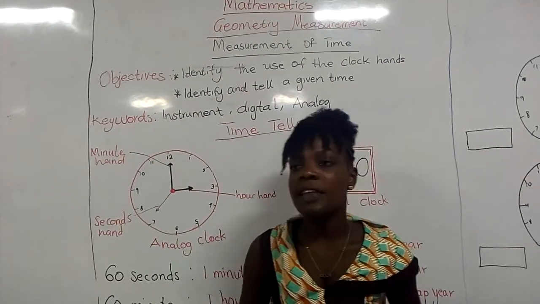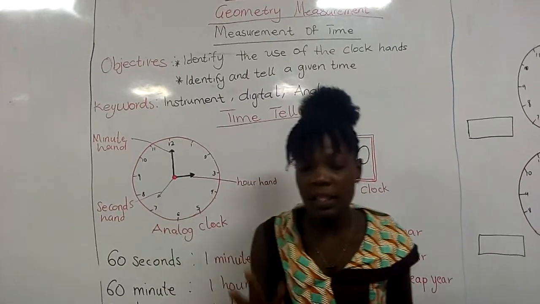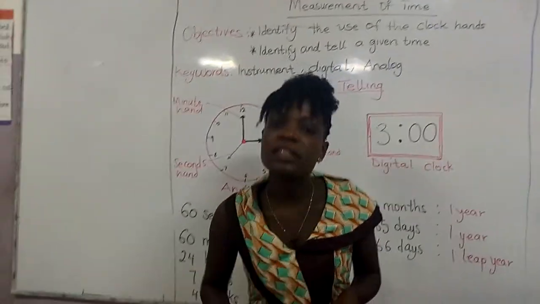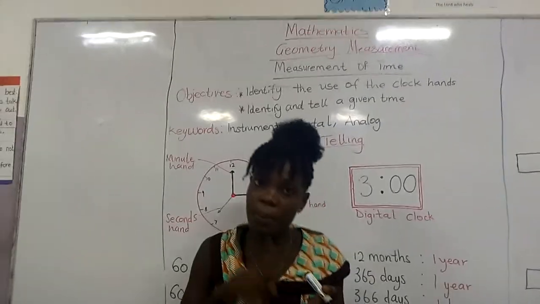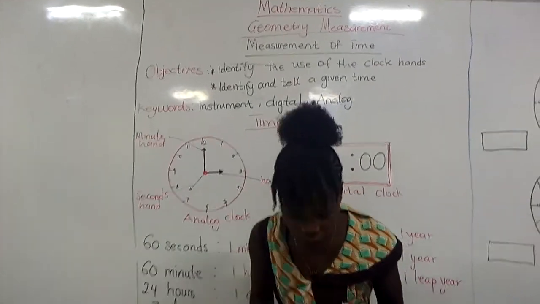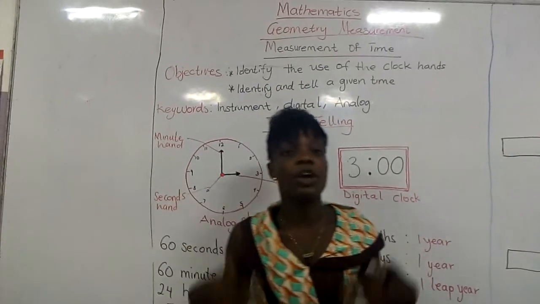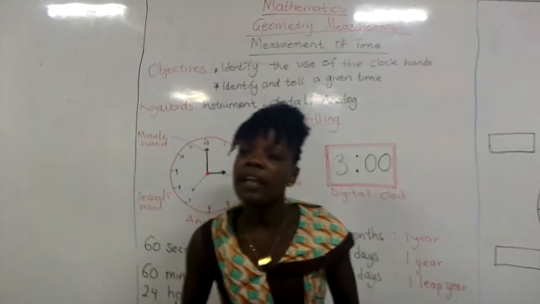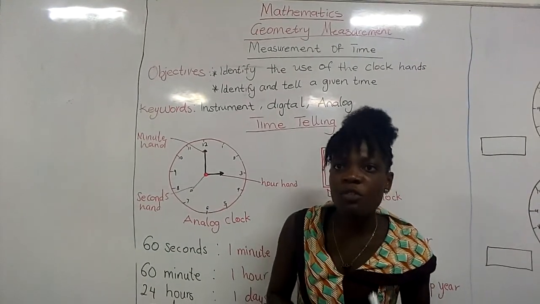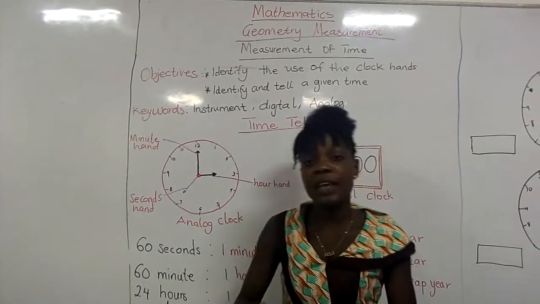December. We said that out of the 12 months, 4 of the months have 30 days, and they are April, June, September, and November. So out of the 12, we take the 4 out, we get 8.